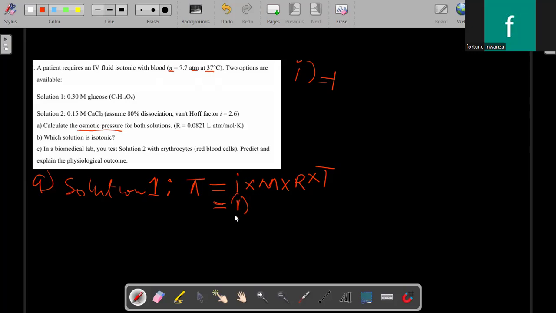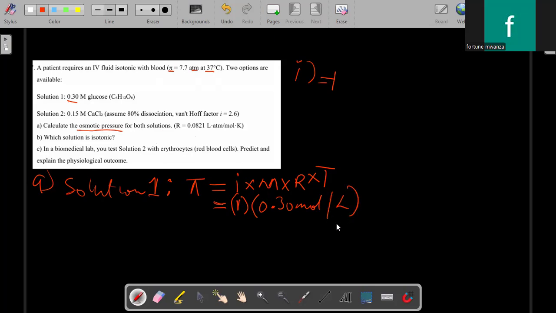Multiply by the molarity of glucose being given, which is 0.30 molarity. Molarity is the same as mole per liter.